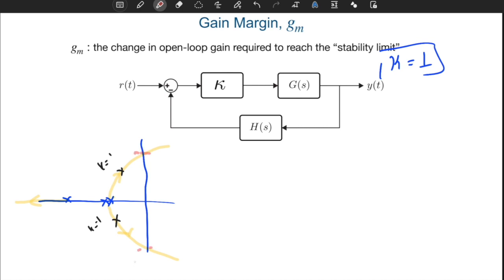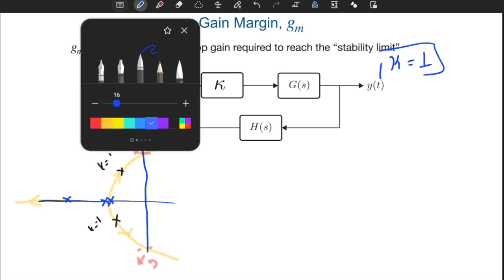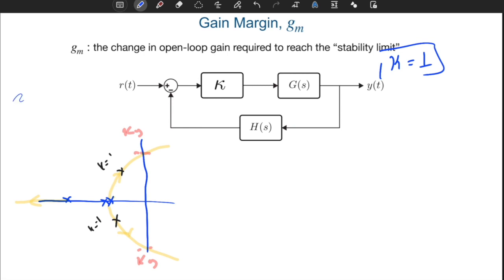This is the critical gain, kg. The gain margin, from the perspective of root locus, is equal to kg divided by k nominal. We know that k nominal is equal to 1, so it's simply equal to kg.